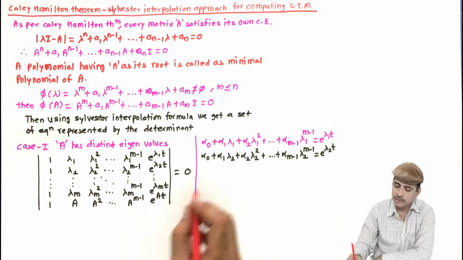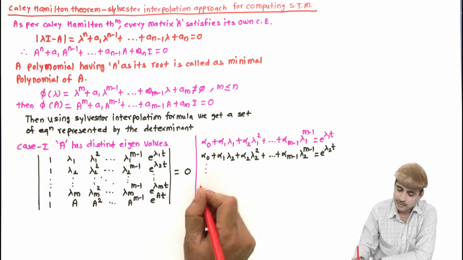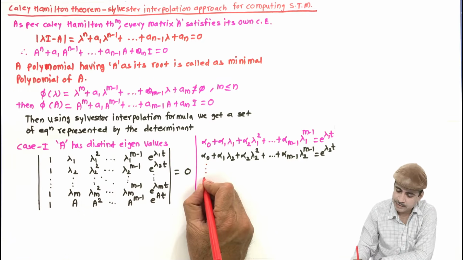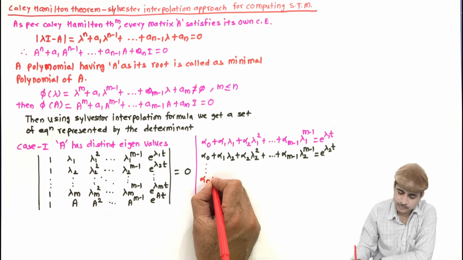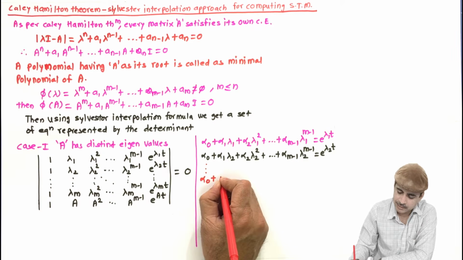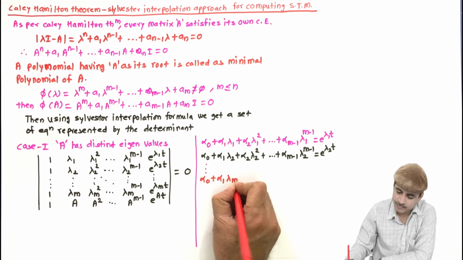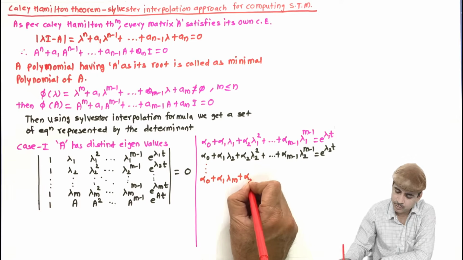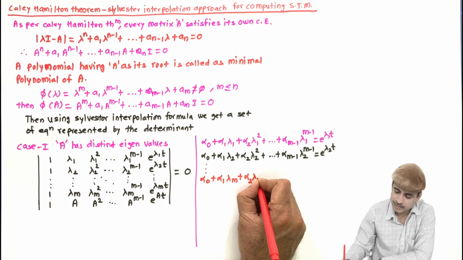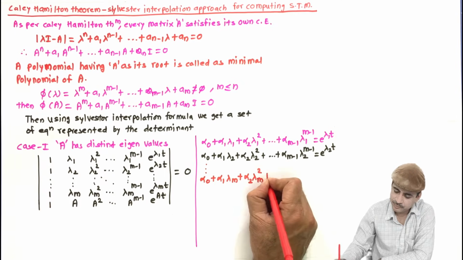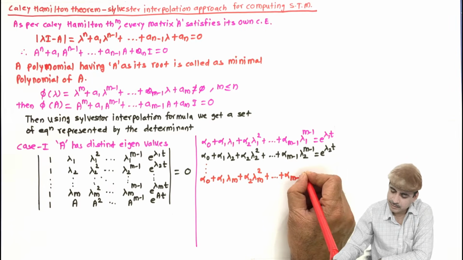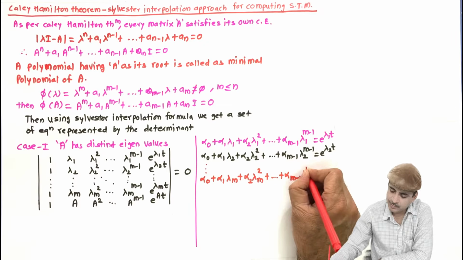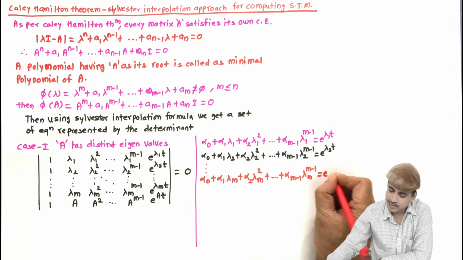And if we go on continuing the same, for the last one we will get alpha 0 plus alpha 1 lambda m plus alpha 2 lambda m square, up to alpha m minus 1 lambda m raised to m minus 1. This will be equal to e raised to lambda m t.